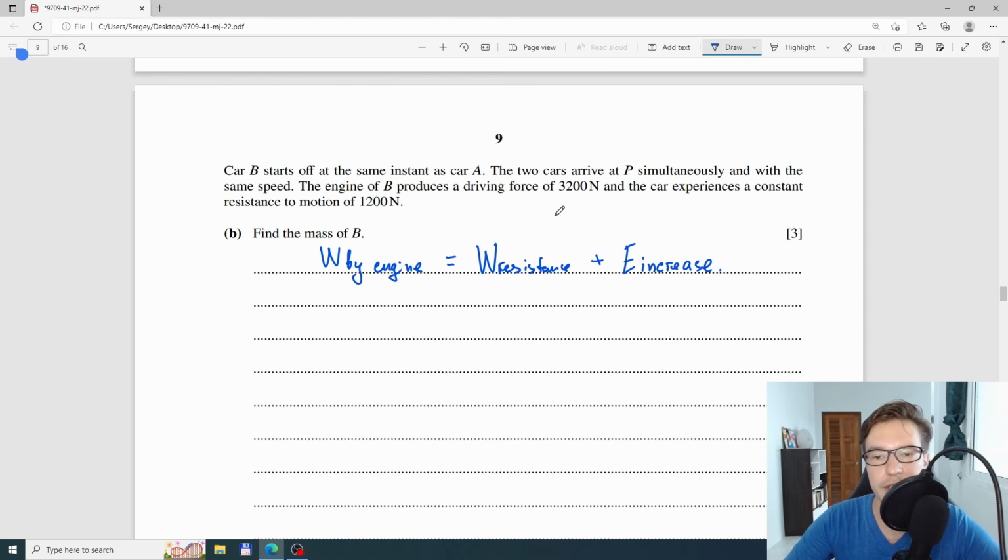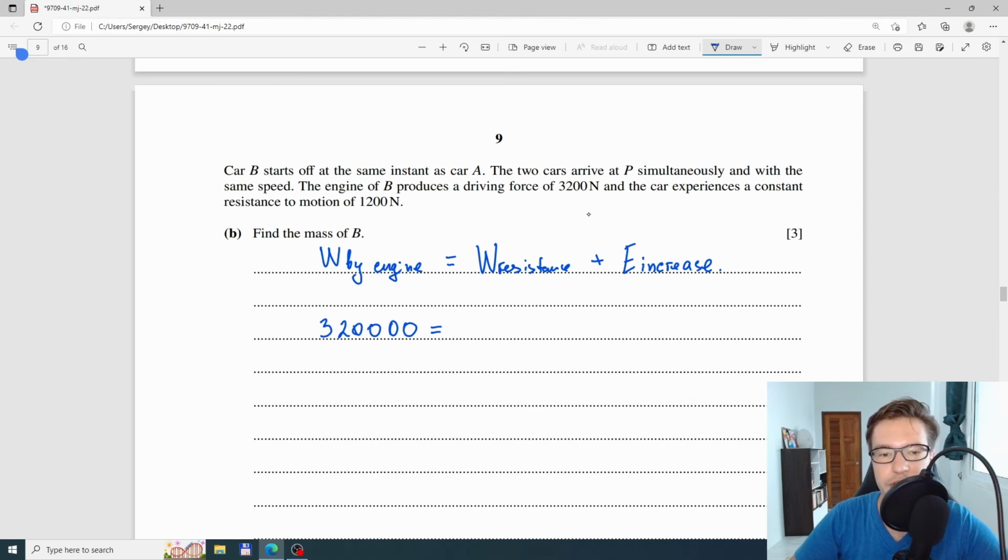Now we know that the distance is 100 meters, and if I'm looking for the work done by the driving force, I will have to multiply 3,200 by 100. That equals the work against the resistance.